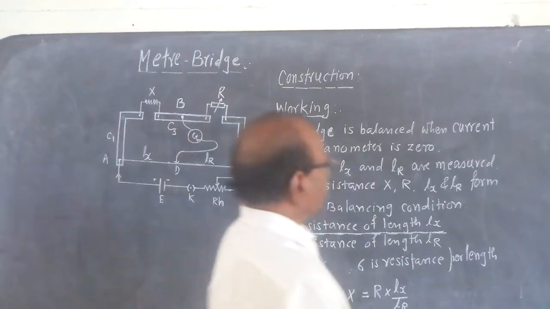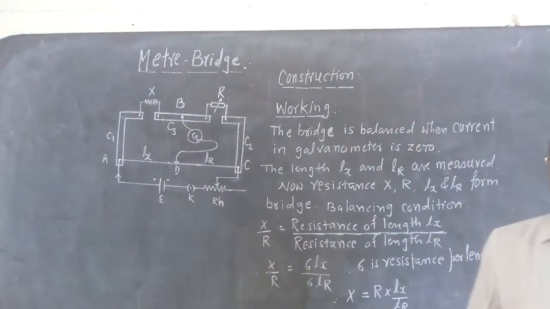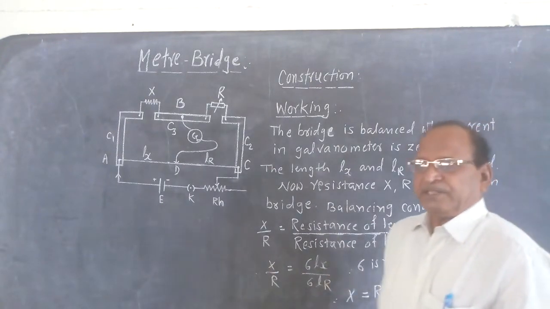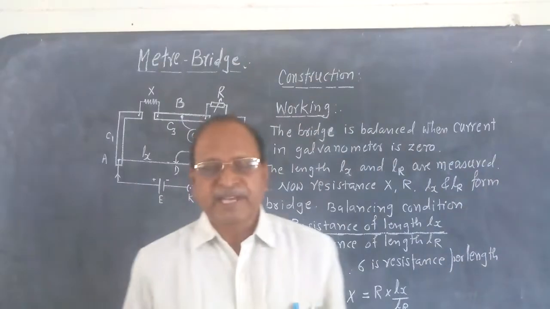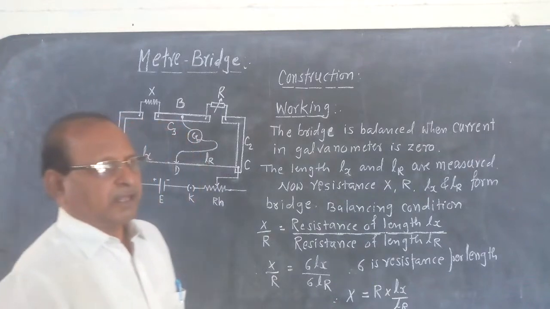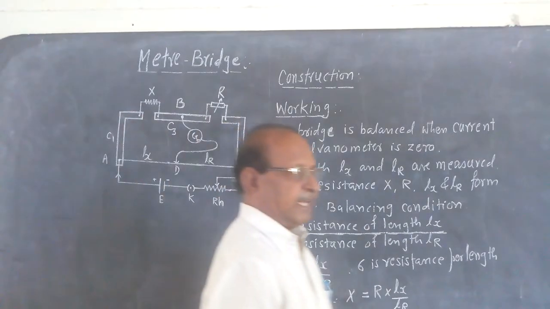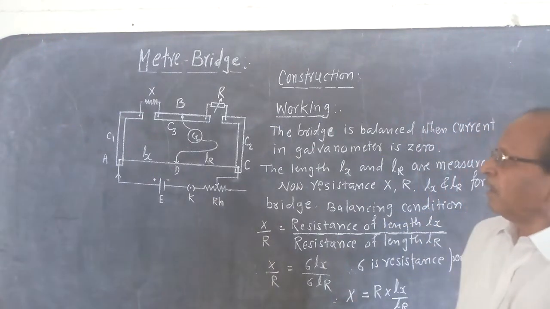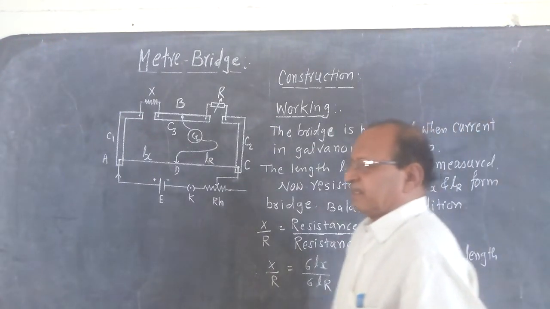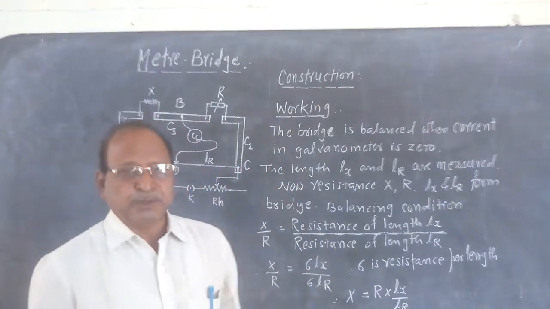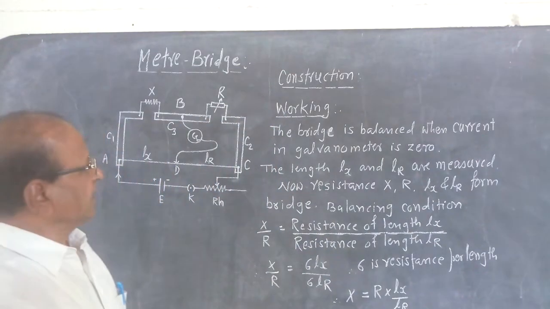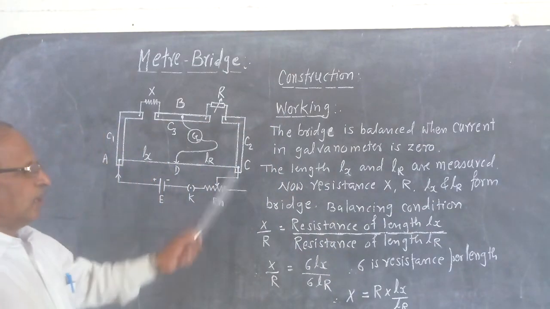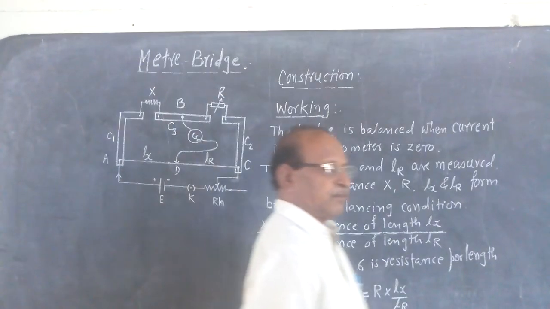Now, Wheatstone's meter bridge is a modification of Wheatstone's network or Wheatstone's bridge. In this meter bridge, the length of wire used is 1 meter, hence it is called meter bridge.